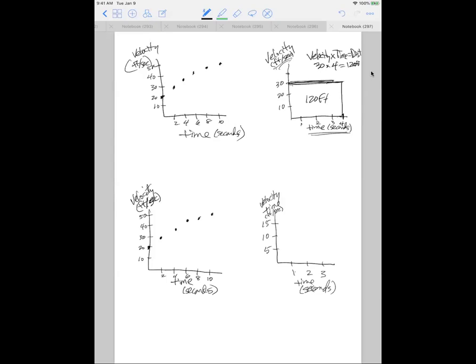We've got another situation where there's a curve. Look at the top left problem, the diagram I've drawn. We start out at 20 feet per second, and it increases to 30, 38, 44, 48, and finally 50.